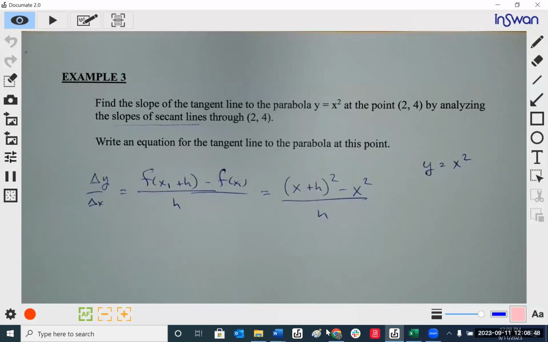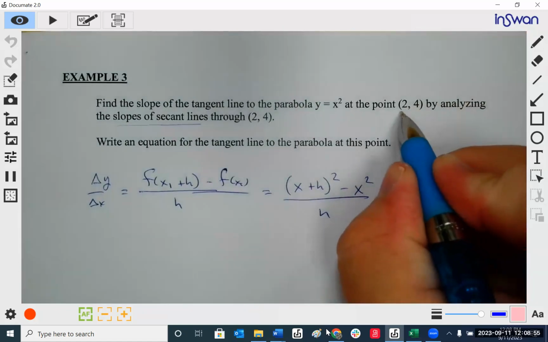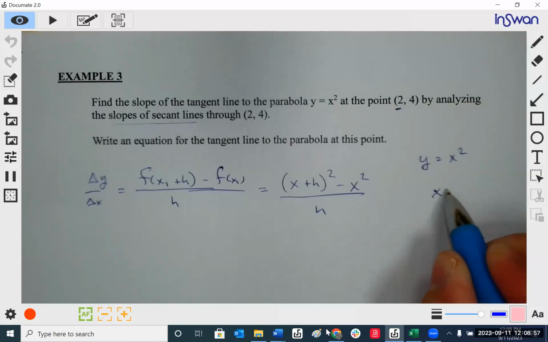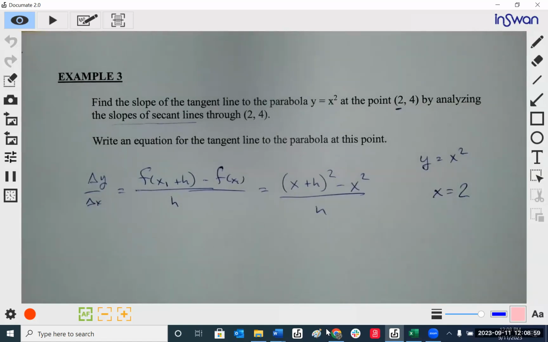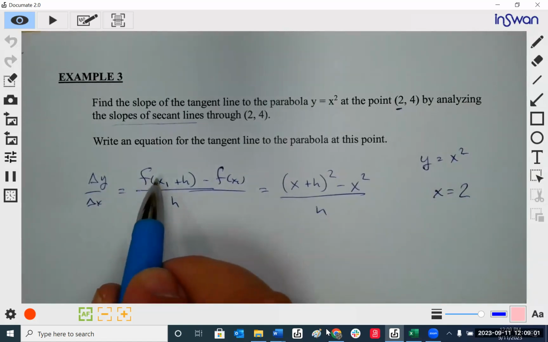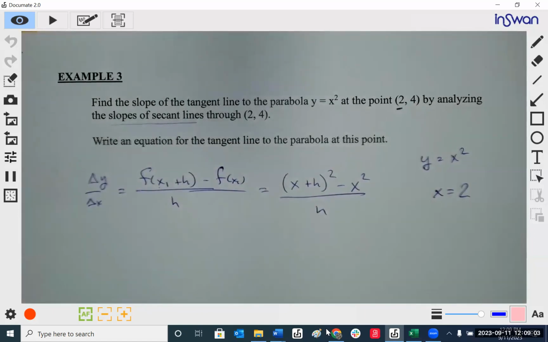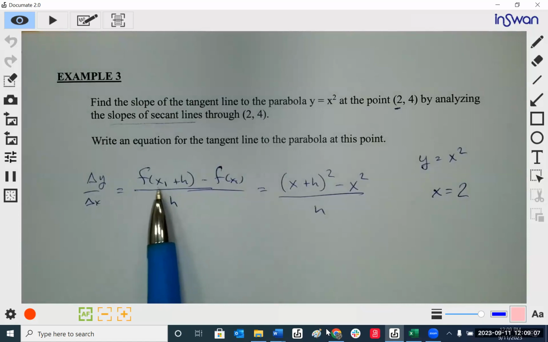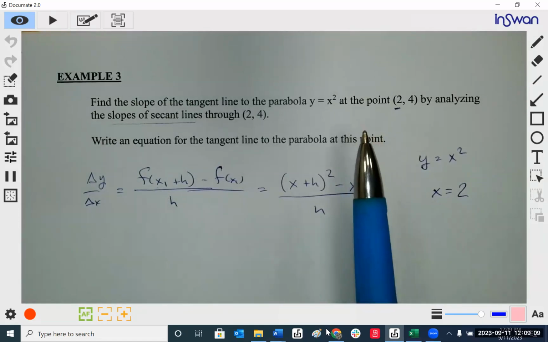What else do we have to put in there? Because remember, the whole purpose of this is to only use 1 point. And so the only point we have, the only x value we have, is 2. That's where it has to cross.